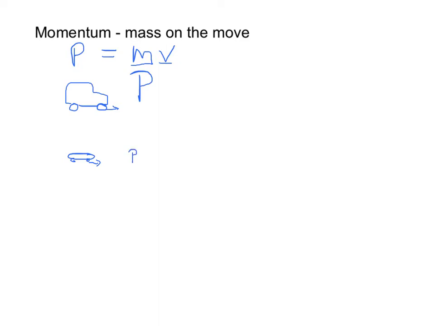Now, all of that could change if, let's say, we give the skateboard a great deal of velocity. The more velocity that we give, even if the mass stays the same, will eventually give the skateboard a greater momentum than even our large truck with its small velocity.